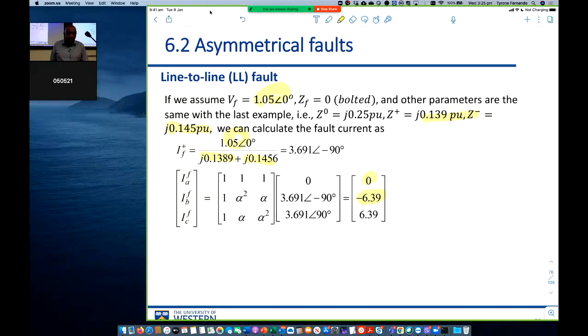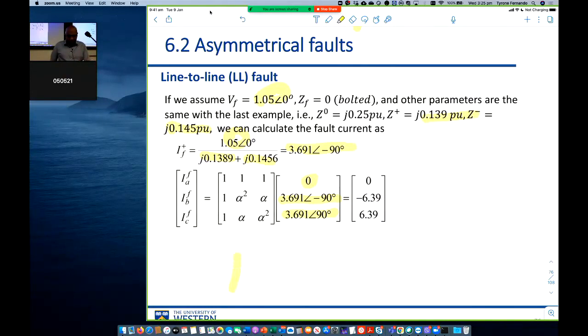IF 0 is 0, the zero sequence current is 0, we know that. IF minus is the negative of IF plus. Sorry, I'm pointing to the wrong one. So this is the zero sequence current, which is 0. This is the positive sequence current, which we just calculated. The negative sequence current is the negative of that.